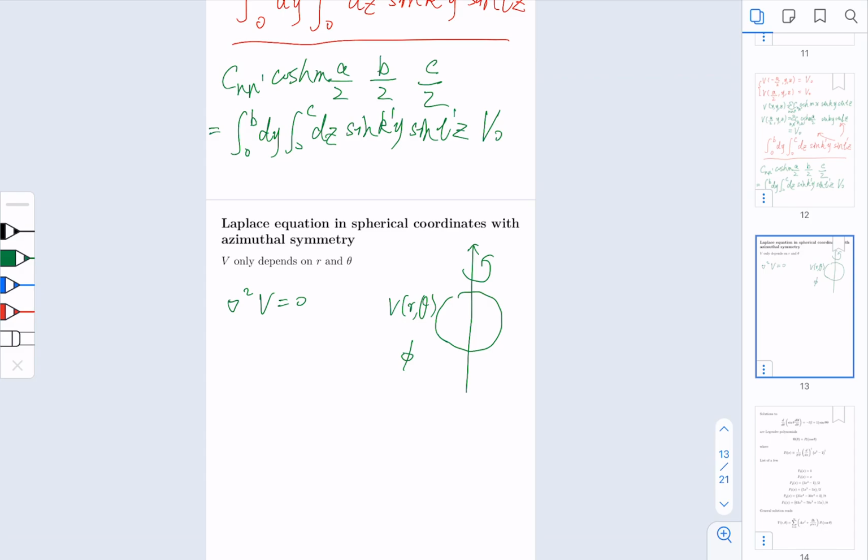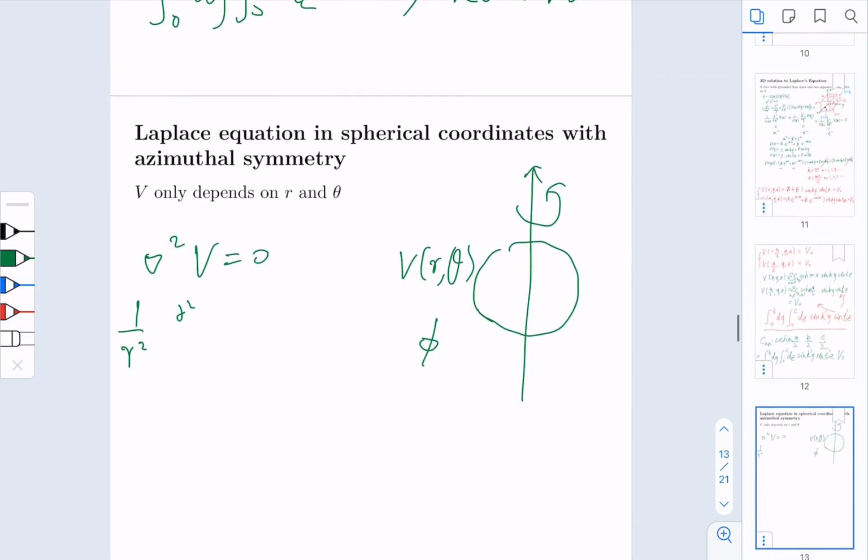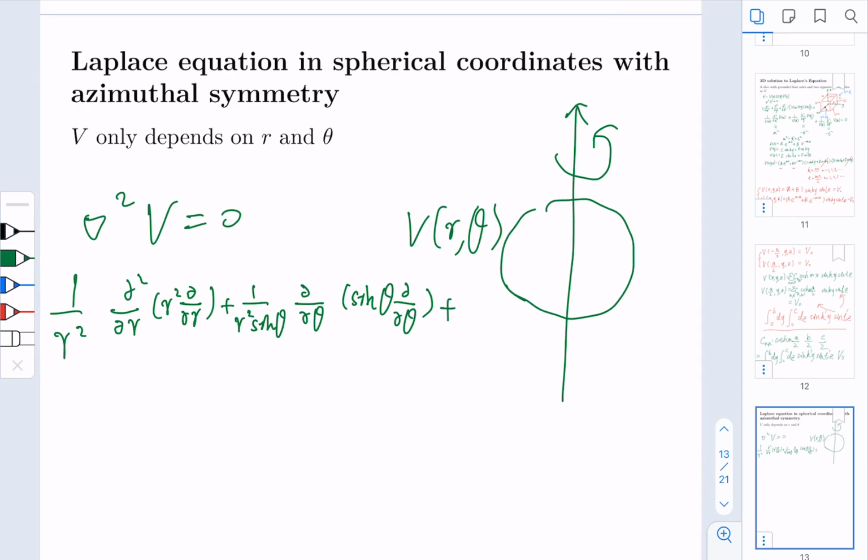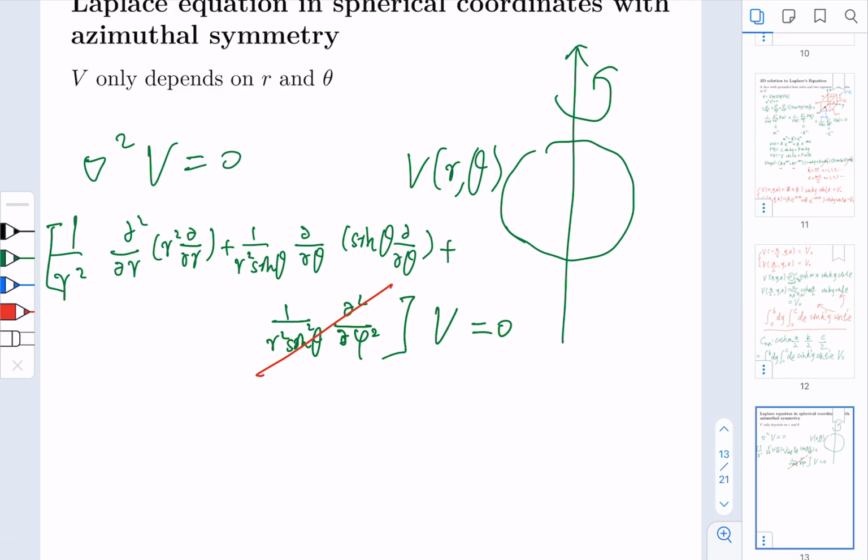So this Laplace equation in spherical coordinates should read, so it's just the entire Laplacian applying on V. However, because our system doesn't have any dependency on the phi, the last term simply drops out, and we are only considering the first 2 terms, just like what we did with the Cartesian coordinates.